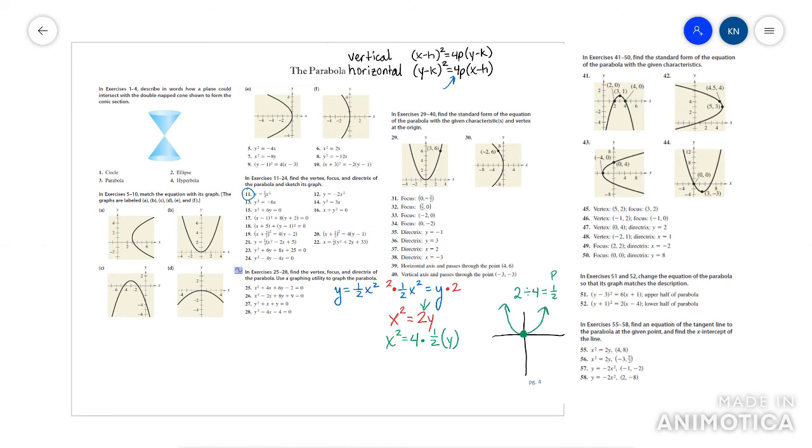And then we found our vertex, it was (0, 0). They want the focus and the directrix as well. So if you know your p-value was 1/2, that means it's going to be a distance of 1/2 to that focus. So here's 1, here's 1/2. So that means the focus for this would be at (0, 1/2).